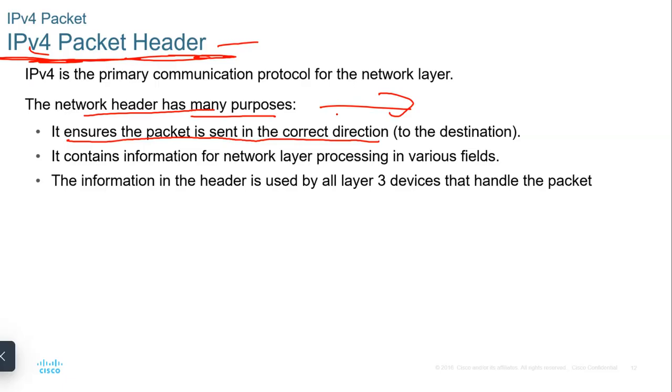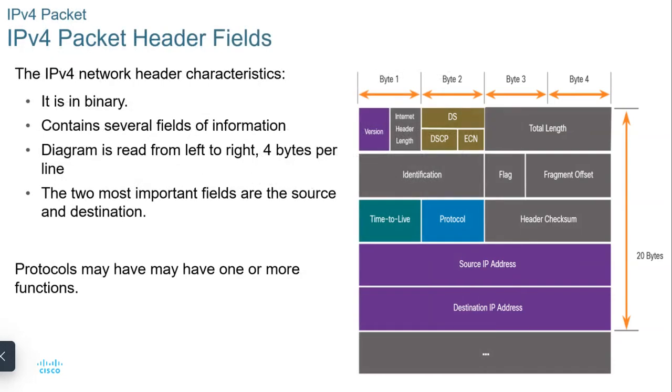The information in the header is used by all layer 3 devices that handle the packet, along the path to the destination. So here we have the IPv4 packet header fields.